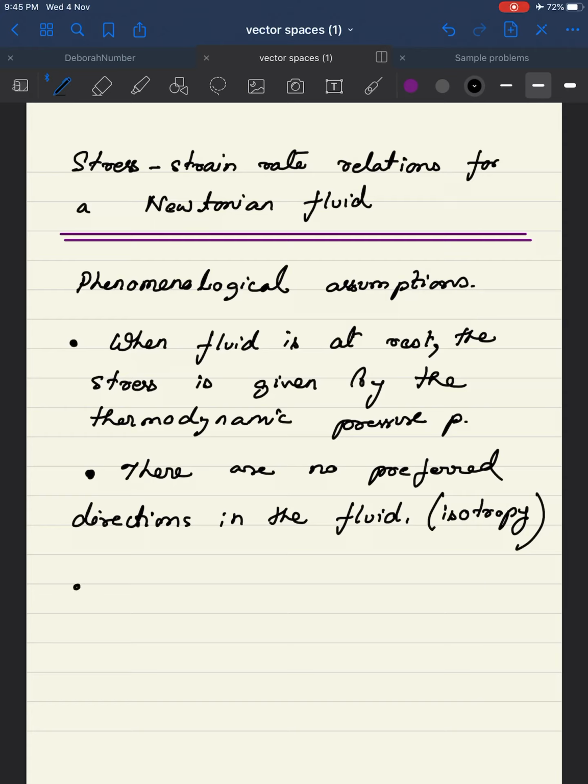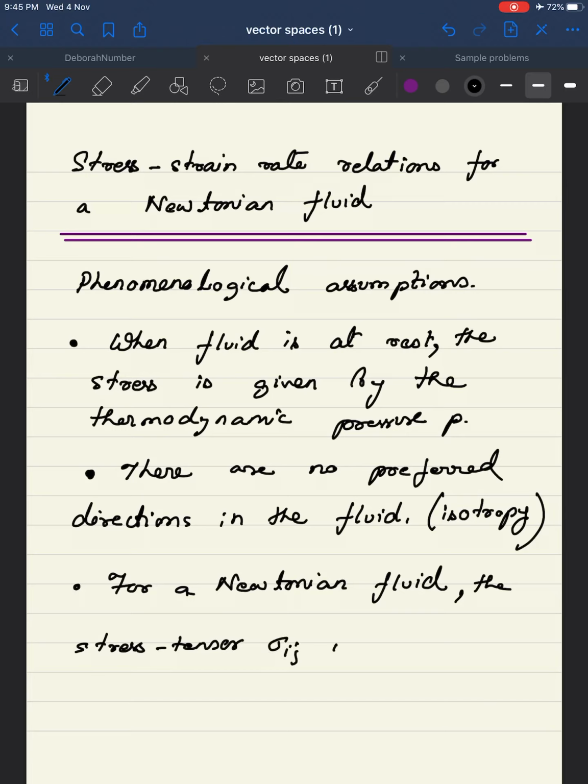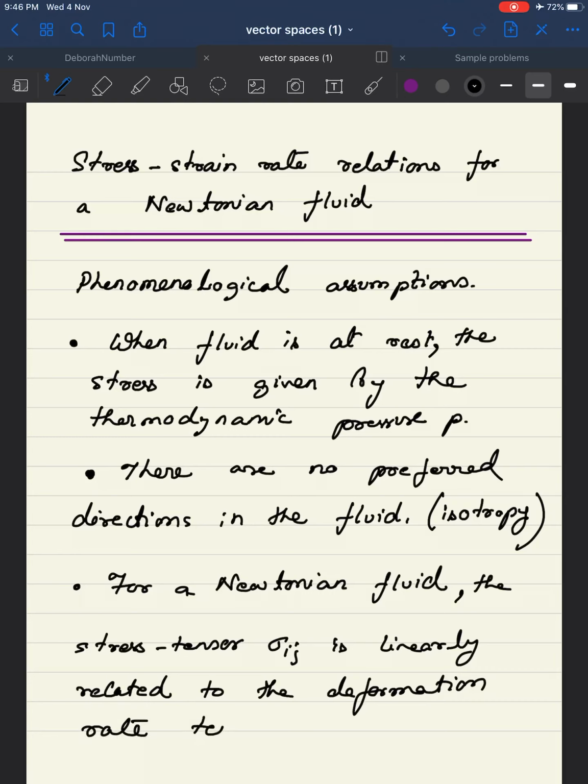And then the third one is that for a Newtonian fluid, and this is more specific to the Newtonian case, the stress tensor sigma ij is linearly related to the deformation rate tensor, which is, I think I used epsilon in the last classes.